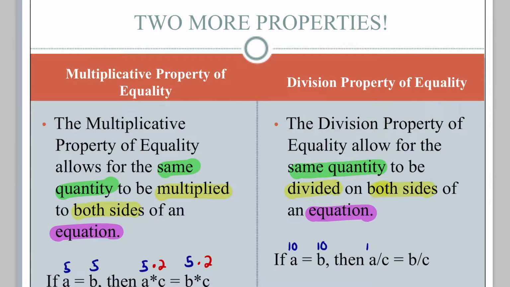Let's do 10 and 10 in this case. So 10 and 10. 10 divided by 2, 10 divided by 2. There's our equal sign. We're dividing both sides by the same quantity, 2. And 5 is equal to 5. So the equality of the two sides did not change.